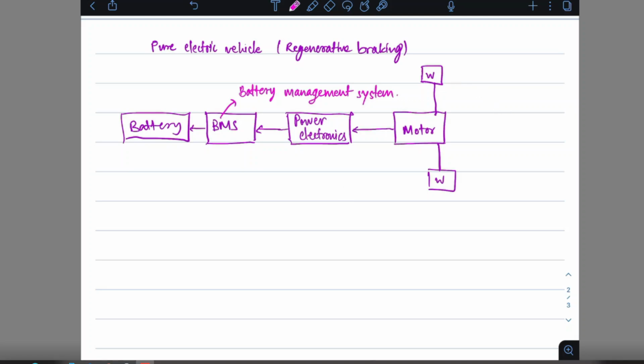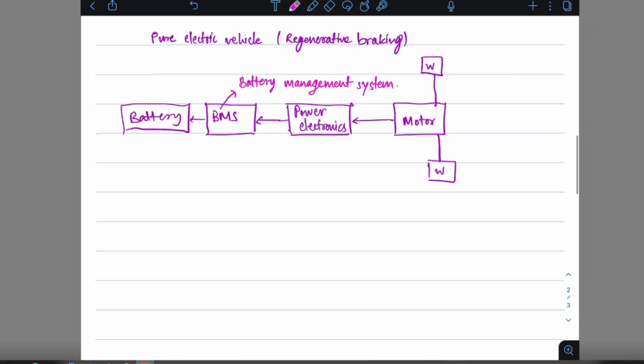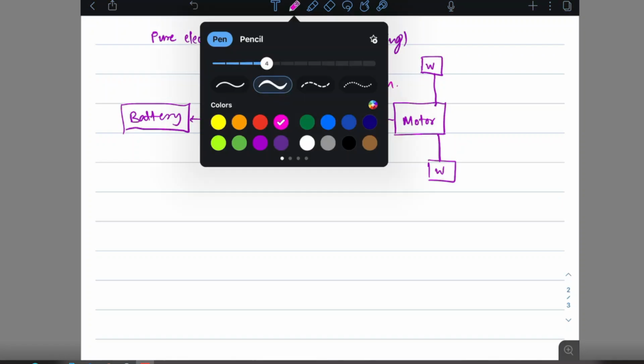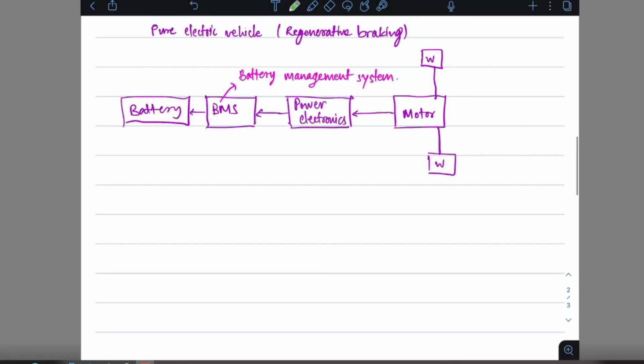So in this battery management system, we have now four components, and we have vehicle level requirements. My vehicle requirements would be to ensure vehicle stability and to respect the driver's demand.